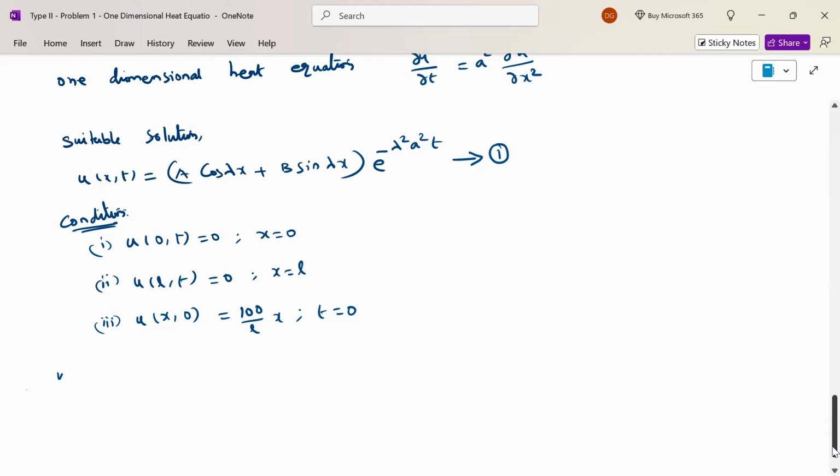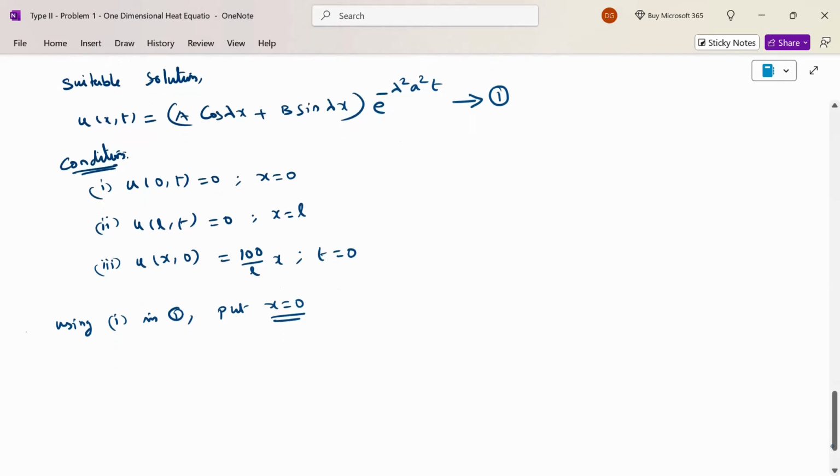Using condition 1 in equation 1, put x equal to 0. When I apply x equals 0 in equation 1, u of 0 comma t equals A cos 0 plus B sin 0 into e power minus lambda square a square t.